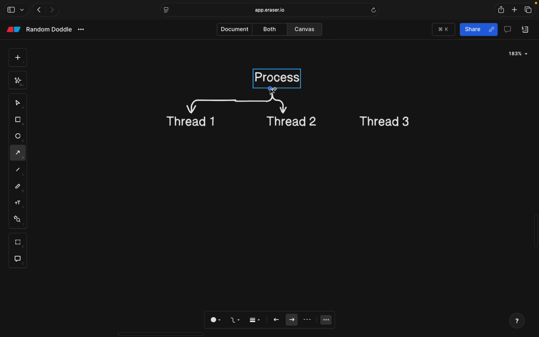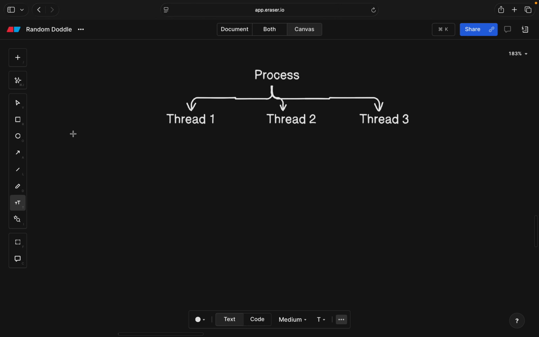Now let's imagine this thread actually has multiple tasks, or let's say a block of code, block one, block two, block three.